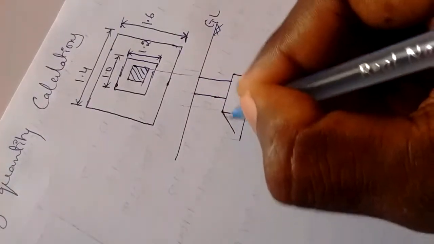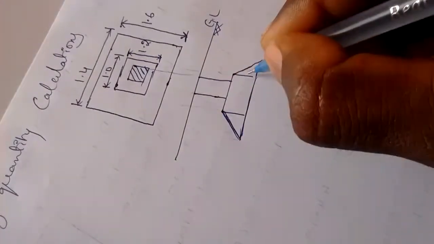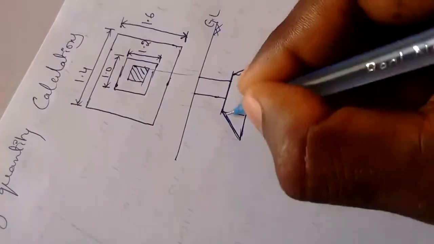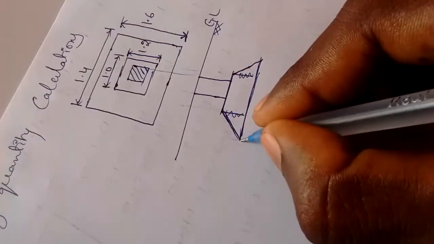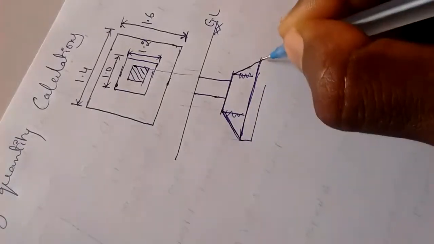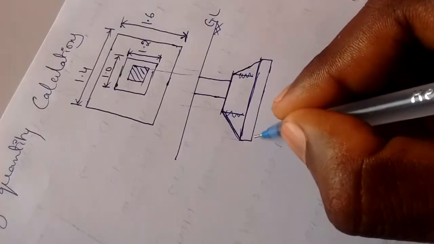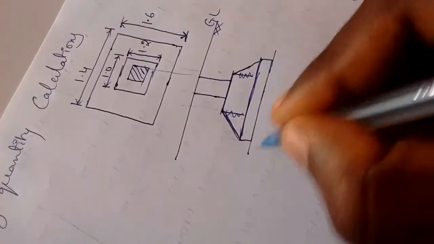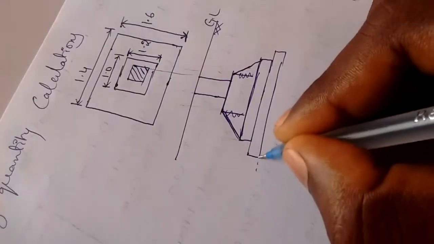Isolated means slope. This is PCC. This is the sand bed.